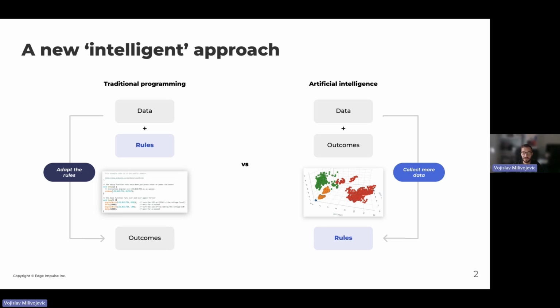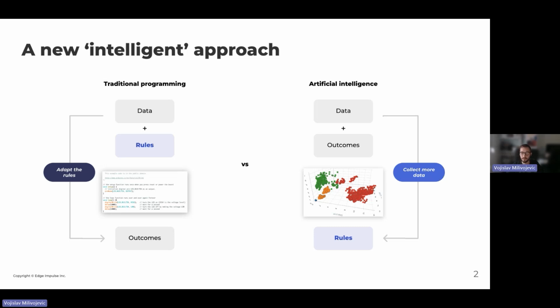Currently, we always have this data and we think of the rules, and with that, we have outcomes, and then we iterate. Sometimes that's a tedious and hard process because it's hard for us to capture all these edge cases and understand our use case fully, so the rules cover all the cases.